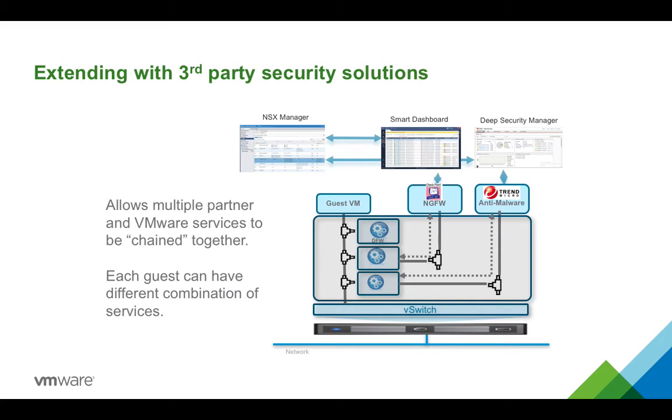So in my demo, or this video, I actually showed you service chaining using Checkpoint vSEC, as well as the Trendmicro Deep Security, right? So with the right version of their console, such as the Checkpoint Smart Dashboard, as well as the Trendmicro Deep Security Manager, they already have the APIs to integrate with NSX Manager, right?